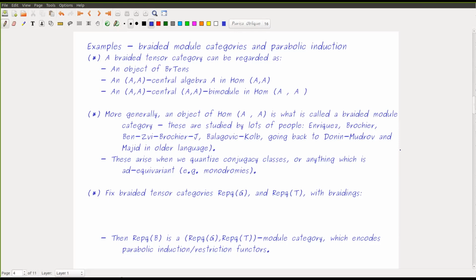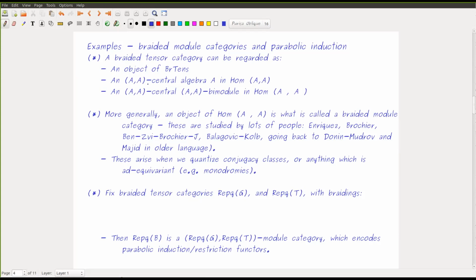Cool. All right. I want to give some examples. As usual, we'll start off with some seemingly tautological examples, but they're already interesting. So if I have a braided tensor category, I can of course think of it as an object of the braided tensor categories.